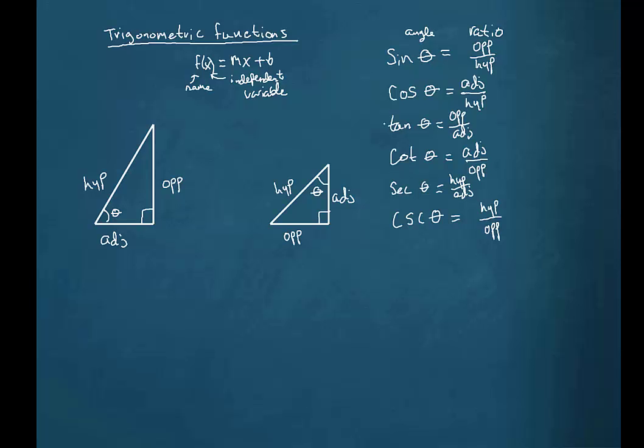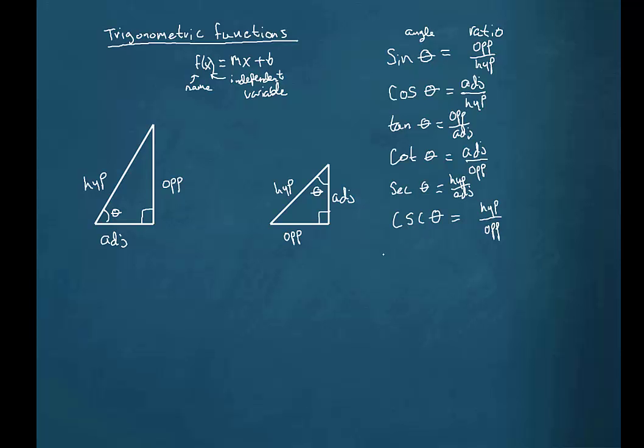And then we work our way back up the list. The secant of theta is the inversion of the cosine. The cosine is adjacent over hypotenuse. The secant is hypotenuse over adjacent. And then finally, if we take and invert the sine ratio, opposite over hypotenuse, we wind up with hypotenuse over opposite for the cosecant.